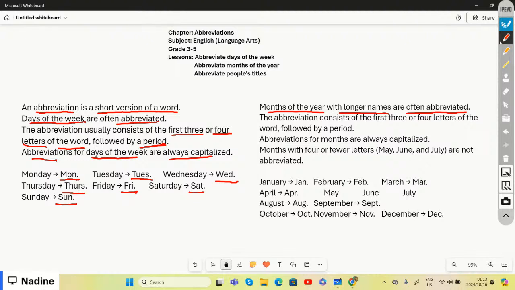And it says that when it comes to the months of the year, with longer names, they are often abbreviated, and it also needs to have a period at the end. And when we abbreviate it, the abbreviation consists of the first three letters or the first four letters of the word, followed by a period.